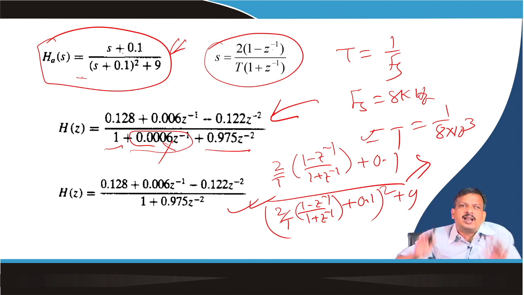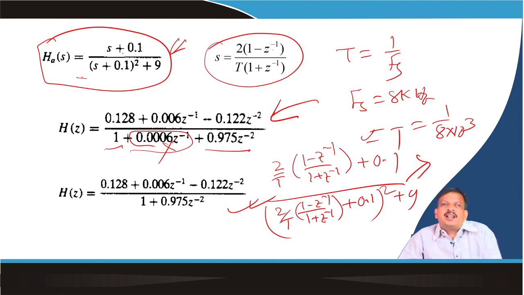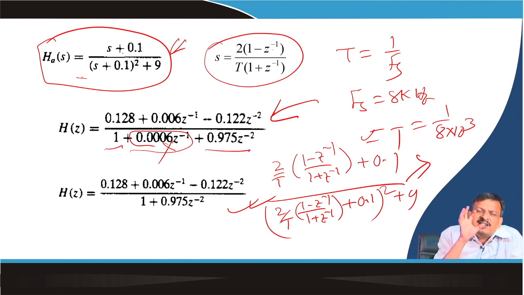So, in summary, when I design an IIR filter using the analog filter approach, my job is first, from the given specification of the filter, to determine the Laplace transfer function of the filter. So, H(s) I have to derive using Butterworth methods, Chebyshev methods or elliptic methods.